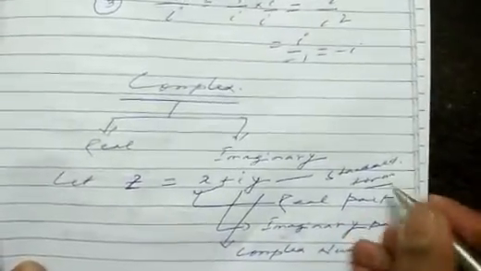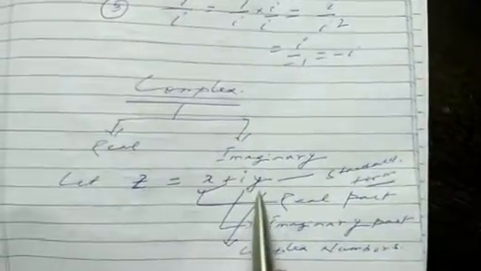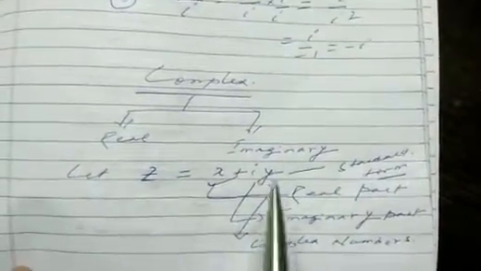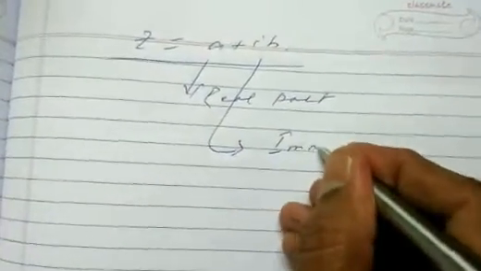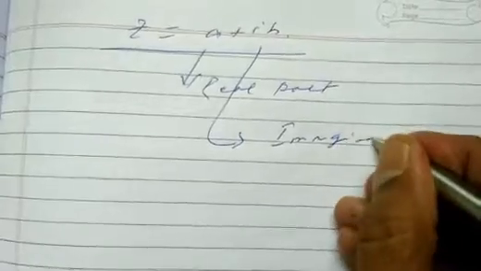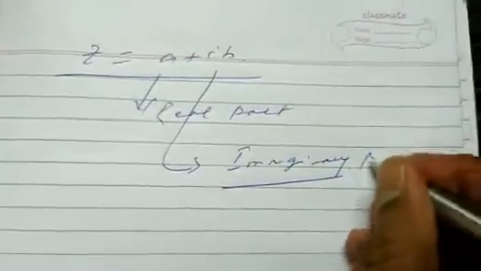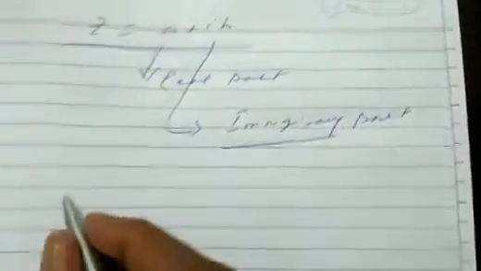Whenever we have a complex number, x plus iy is a standard form, or sometimes people write z is equal to a plus ib, which is also a standard form where a is the real part and b is the imaginary part, not iota b, but b. It is the imaginary part because it is associated with the iota. So any example we can create and put down like that.